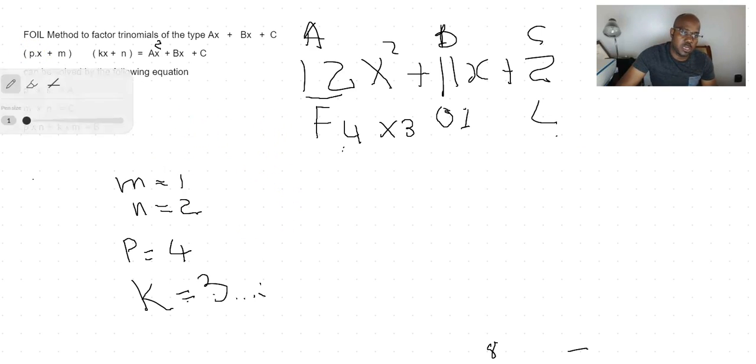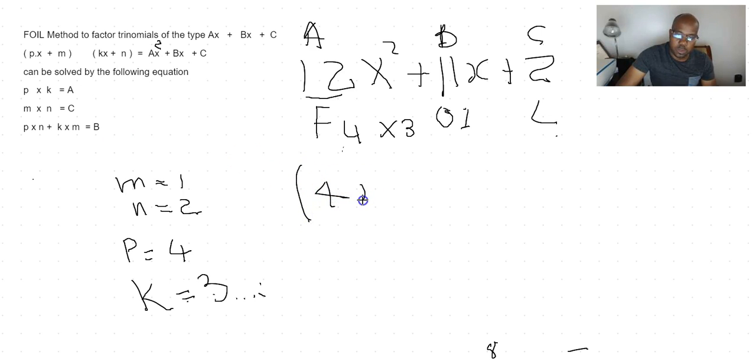So px is going to be 4x, plus m going to be 1, times kx, k going to be 3, plus n going to be 2. There it is.